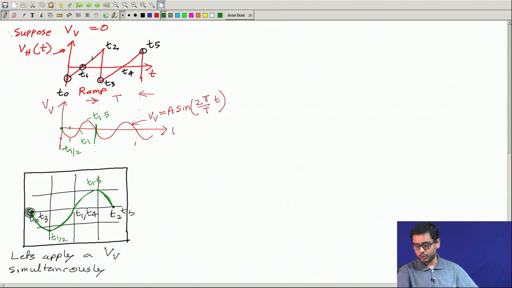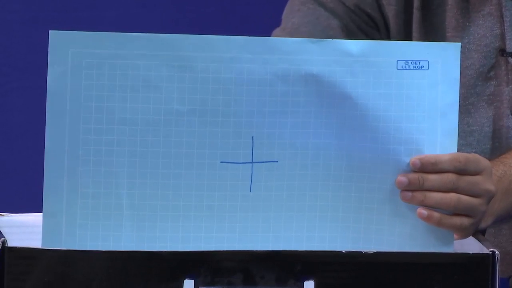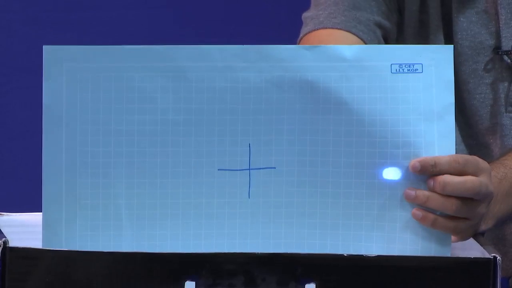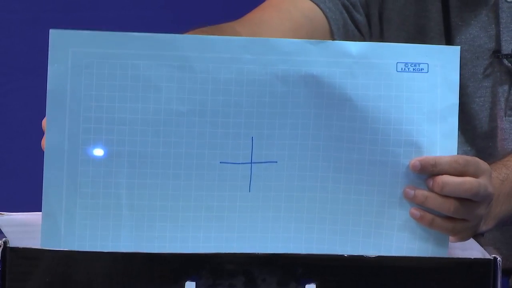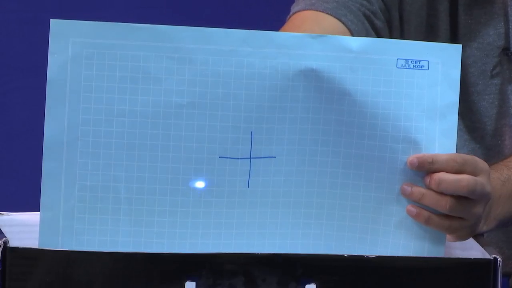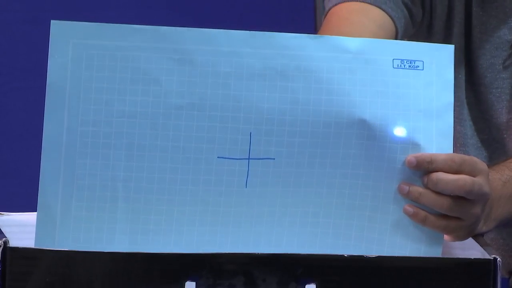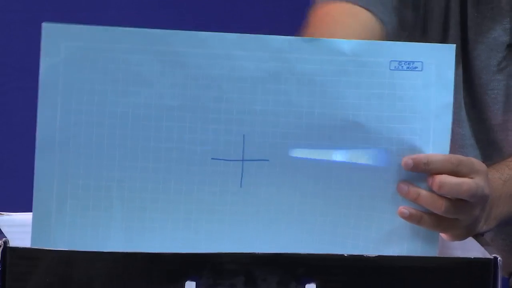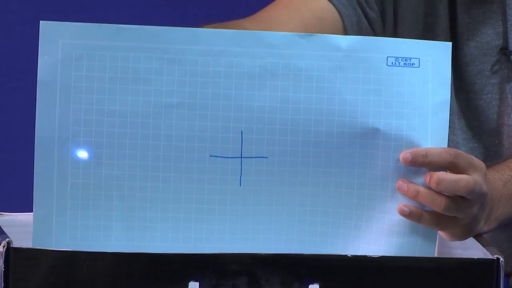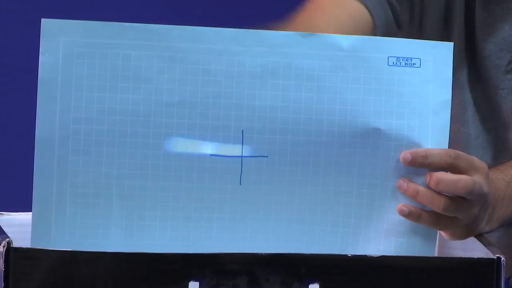If I try to animate this for you, this is how it will look. Initially the beam is here, then it goes down like a sine wave, half wave, then up and again down, and then immediately back, once again down and up and then immediately back.